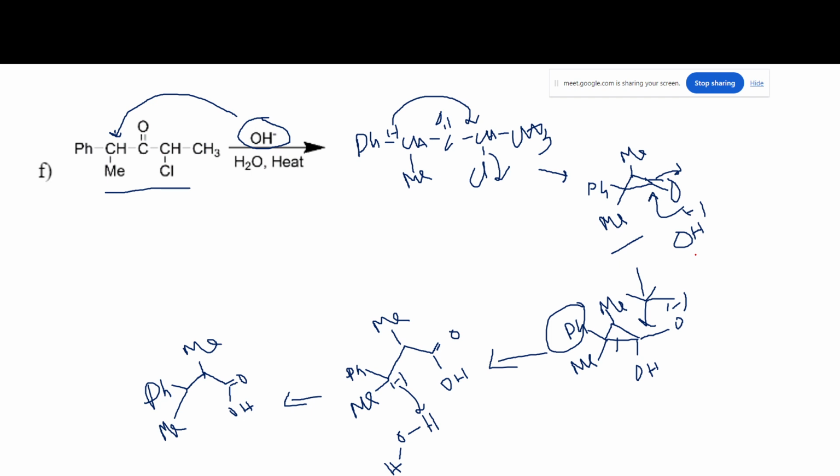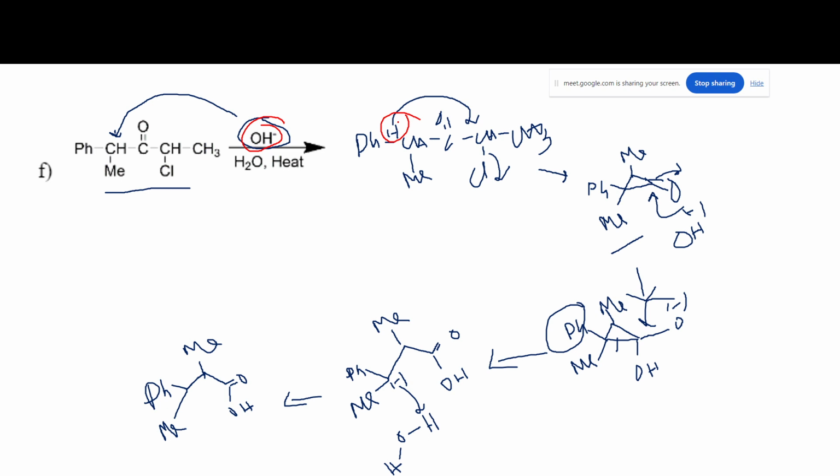Now one example: in this reaction, if we add OH minus and water and heat it, what will happen? This OH minus takes one proton from here, so this will become a negative charge.